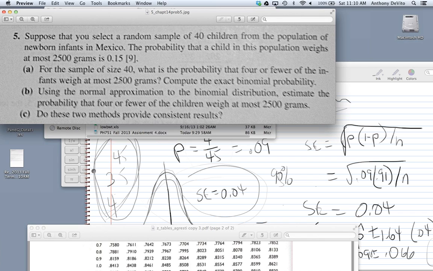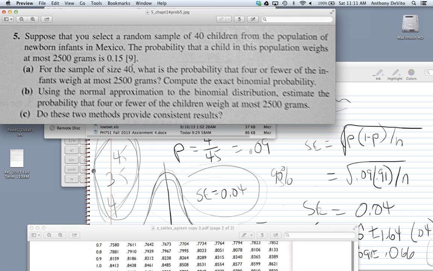In other words, what's the probability that 10%, 4 or fewer, would occur out of the 40 people, that this would occur 4 times out of a sample size of 40.